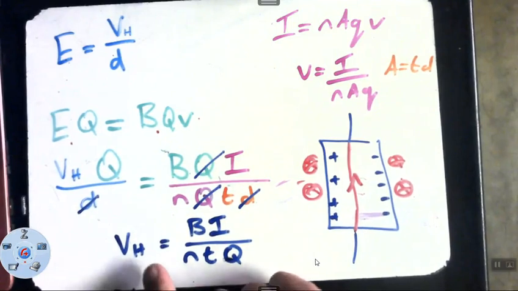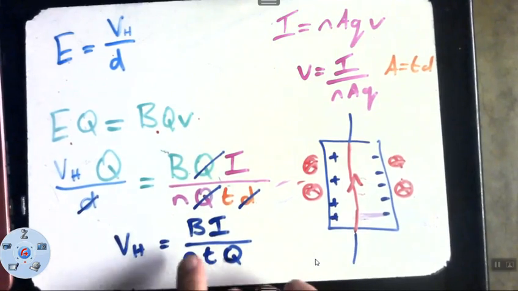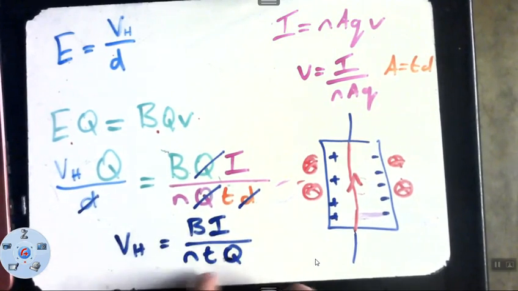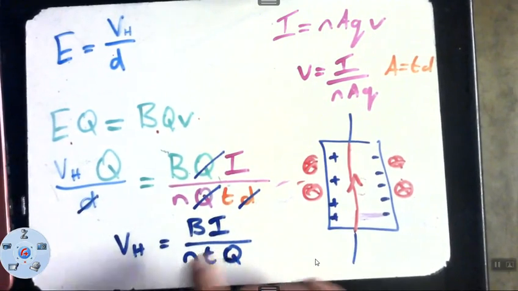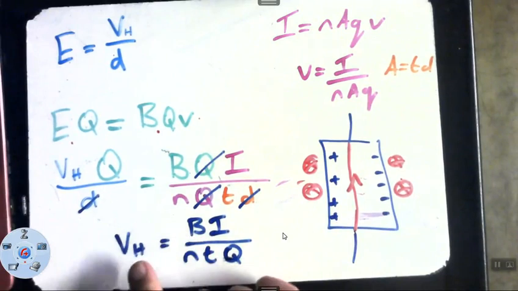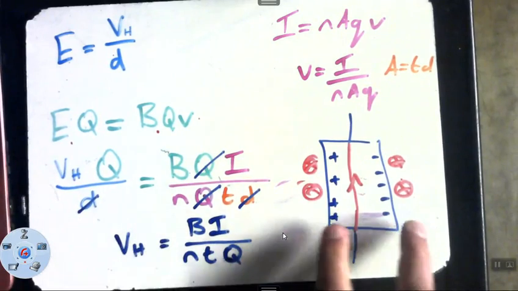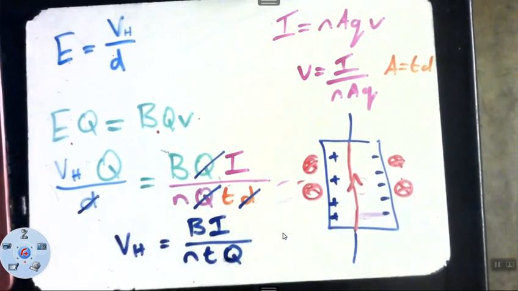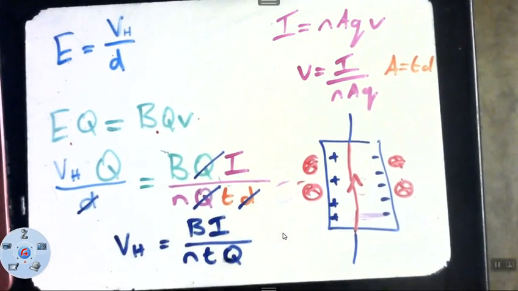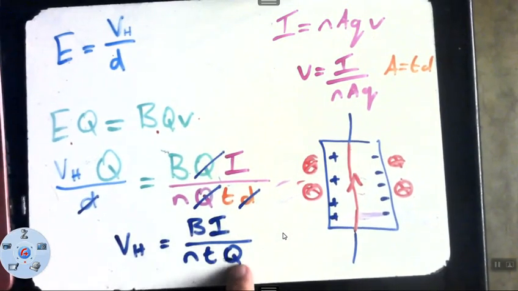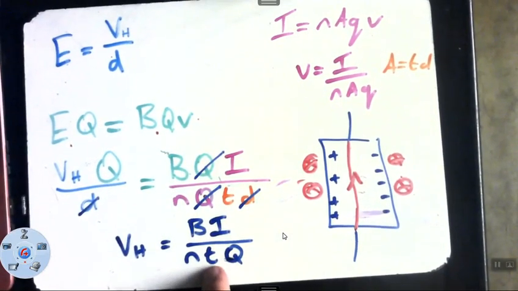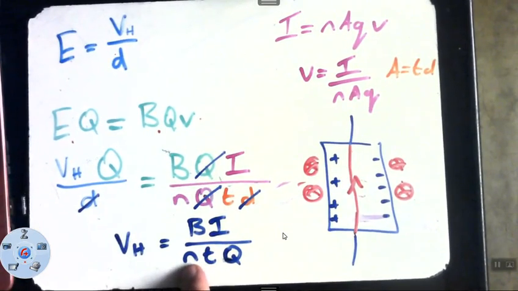So if we look at our equation for the Hall effect, we can see that the magnetic field, the current, and the charge have an influence, and by rearranging this we can calculate the magnetic field. We can measure the potential difference, we can measure the size of the current with the ammeter, we know the charge and we can physically measure the thickness, and the number density depends on the material, so if you know what material you're using you can get that.